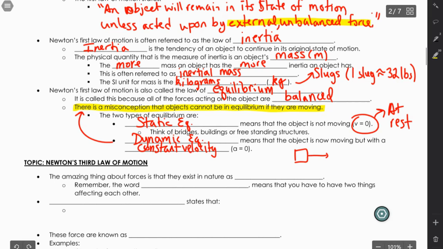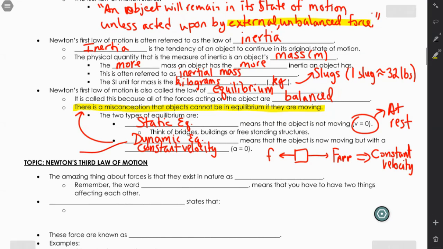If I'm pulling at a constant velocity, my applied force is balancing out any effect that friction has on it, or any effect that the tension in the rope has on it. But as long as it's moving at a constant velocity, I am in equilibrium. I am in what is called dynamic equilibrium. Dynamic, another way to think about it, is motion.